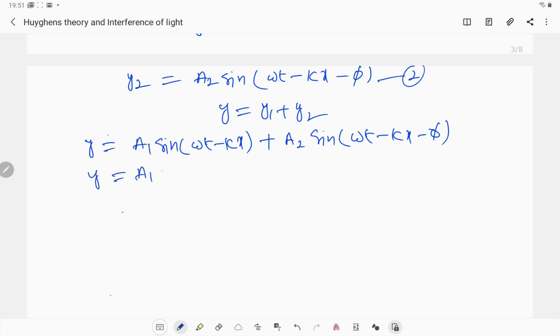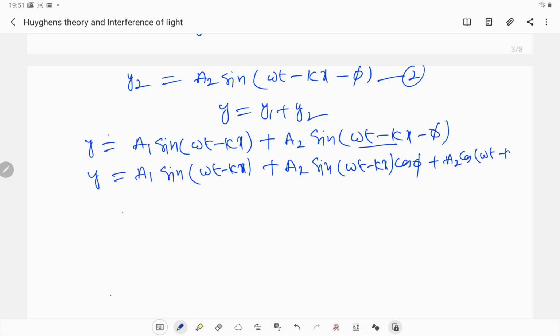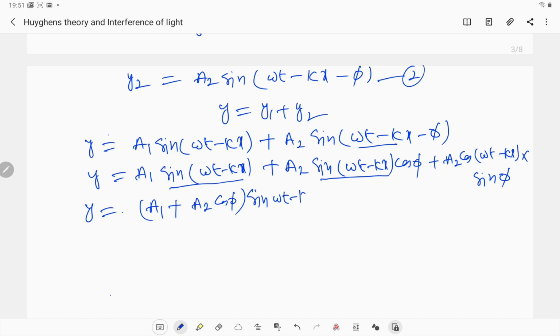Therefore, y is equal to a1 sin(ωt − kx) plus, using sin(A − B), a2 sin(ωt − kx) cos φ plus a2 cos(ωt − kx) sin φ. Here sin(ωt − kx) is common, so this becomes (a1 plus a2 cos φ) sin(ωt − kx) plus a2 sin φ cos(ωt − kx).